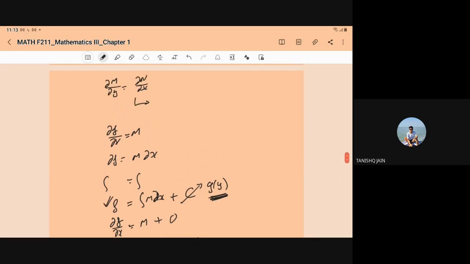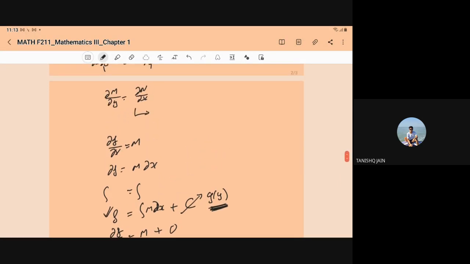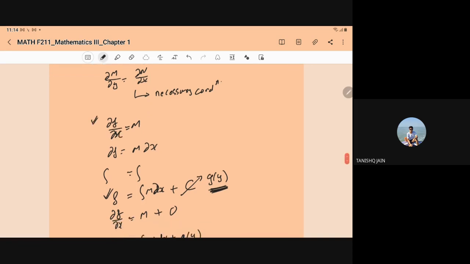I have said that it is now clear that del m by del y is equal to del n by del x for the exactness. It is the necessary condition. Now we have del f by del x is equal to m. So this can be written as del f is equal to m del x.